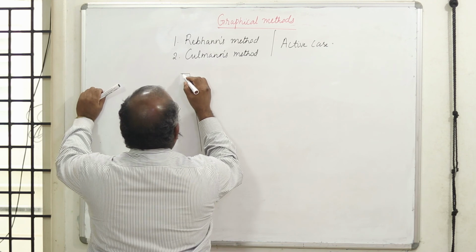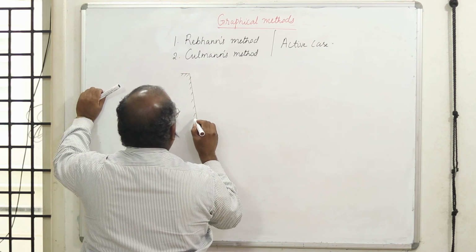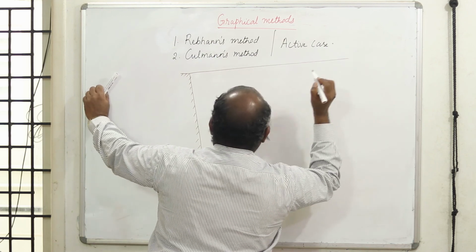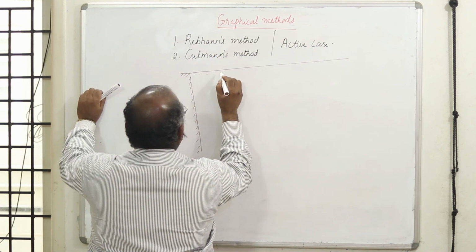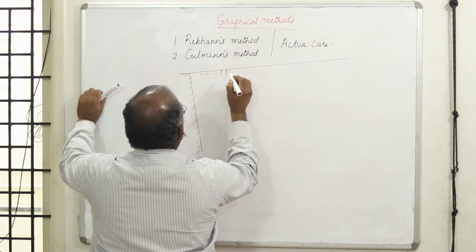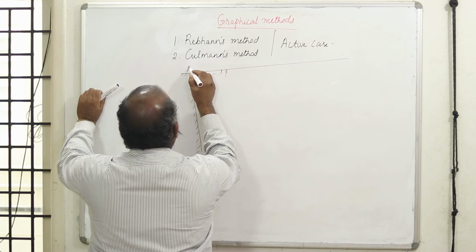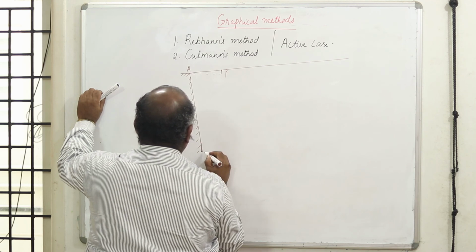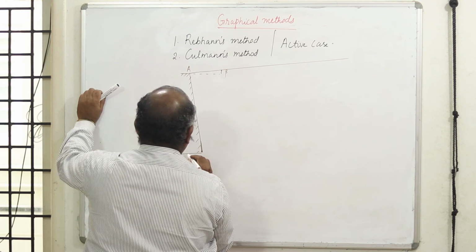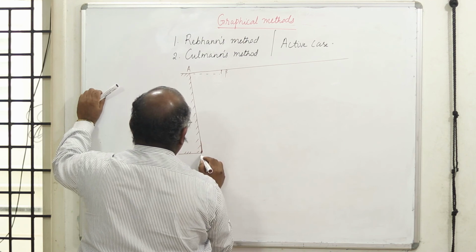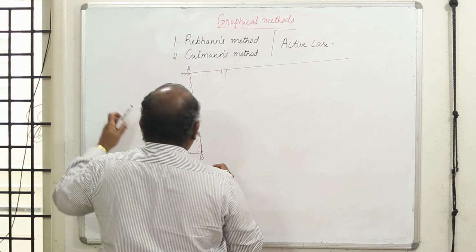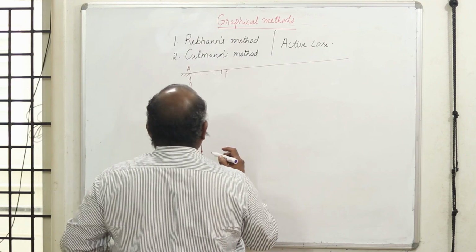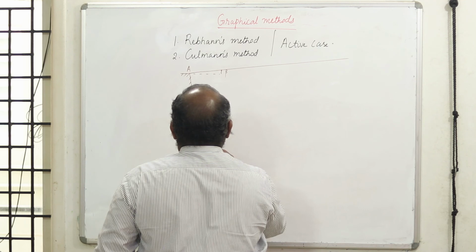Now we have the ground line at an angle beta. Let us call this A, and the yield region B. Now from the heel, draw a line which is called the phi line.